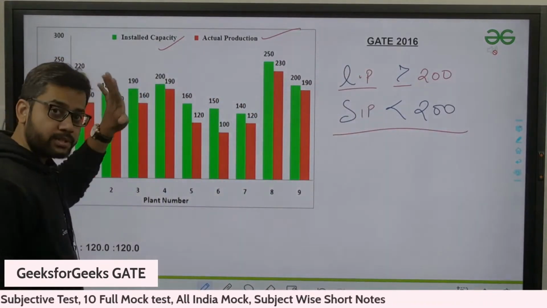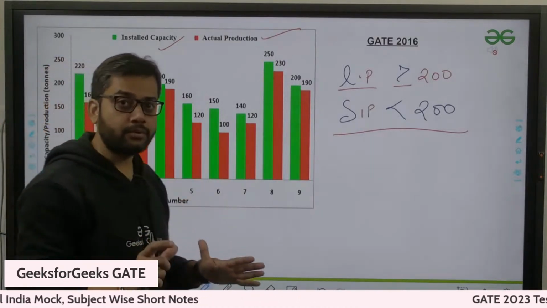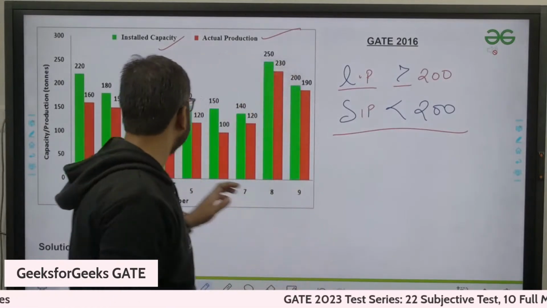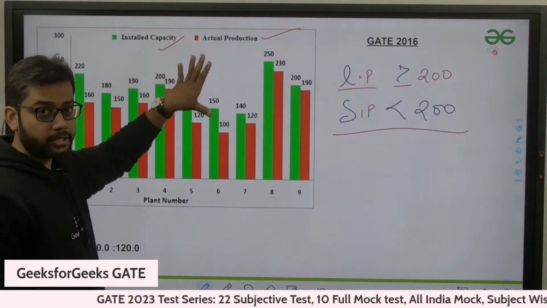We are just focusing on the green line. The data is also given, so you don't have to zoom in to find out whether it's 220 or not. It's already written. We are only checking the installed capacity.